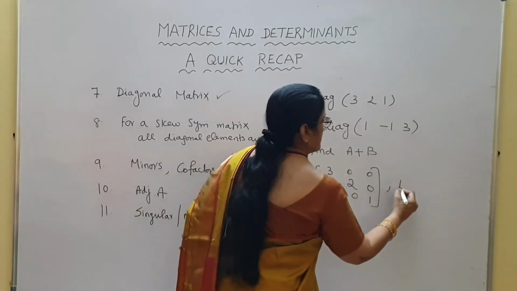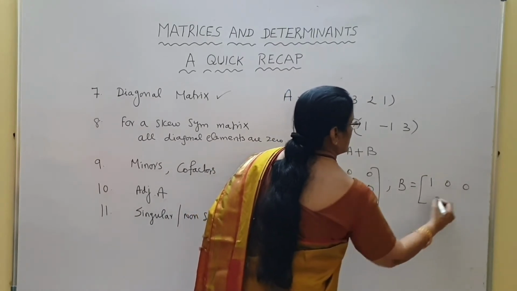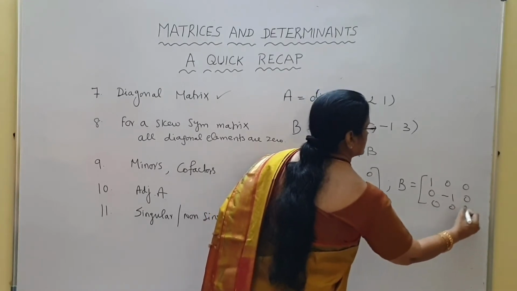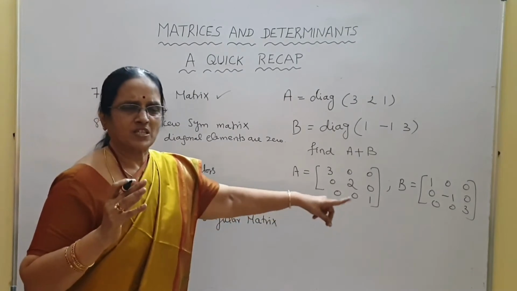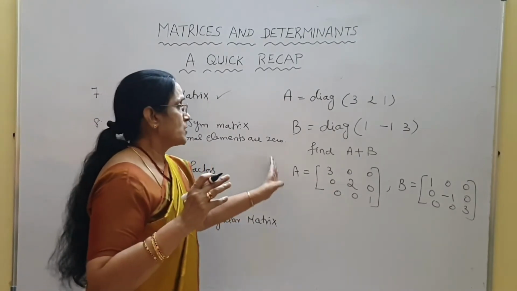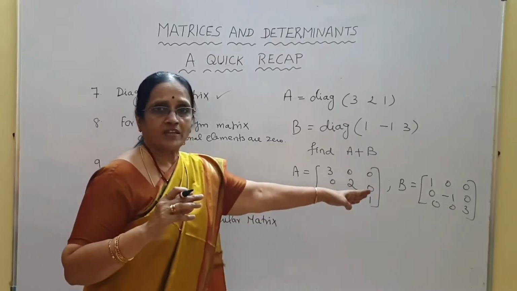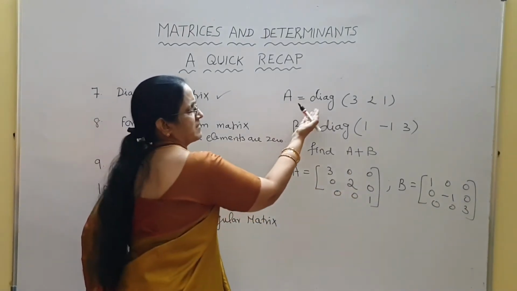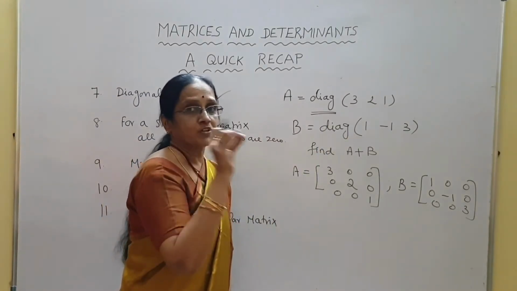Same way, the matrix B is nothing but 1, 0, 0, 0, minus 1, 0, 0, 0, 3. Now it is easy for you to find A plus B or A minus B or 2A plus 3B or 4A minus 2B. So questions will be asked like that. 1 or 2 questions are there with this notation. That's why I am recalling that particular point here.